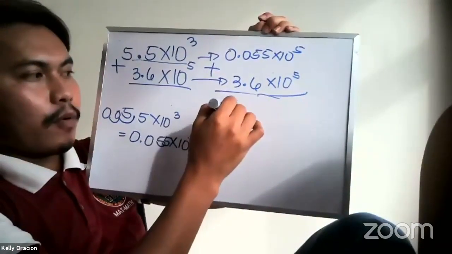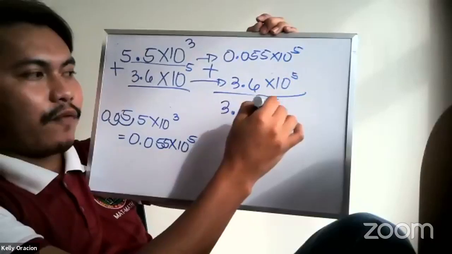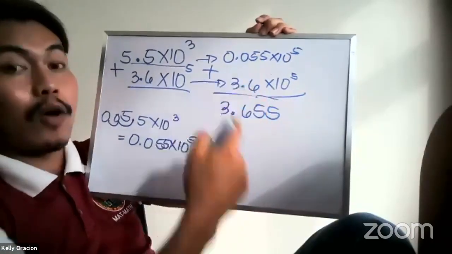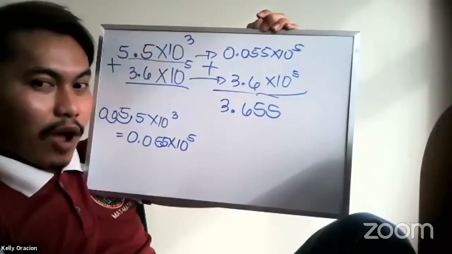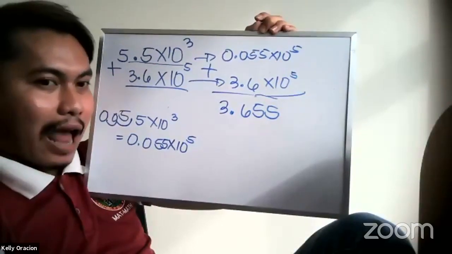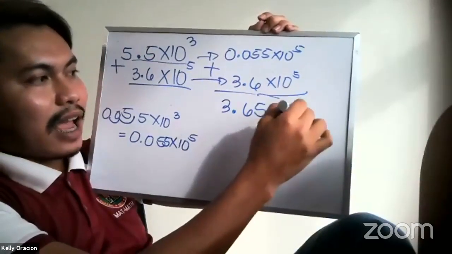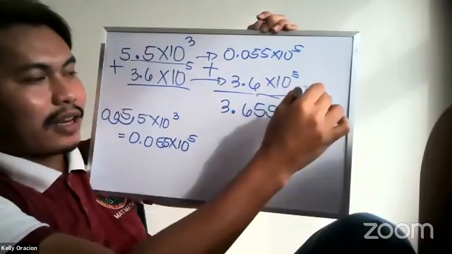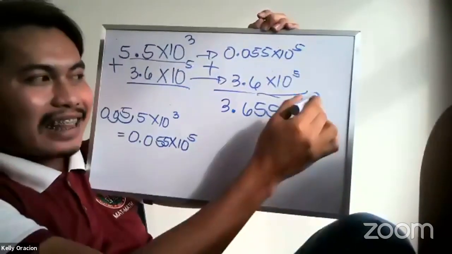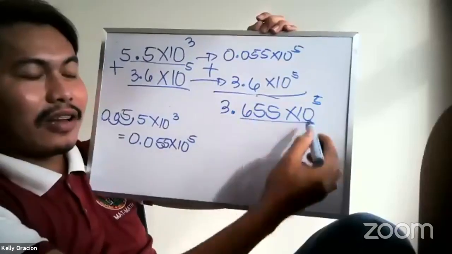It's 3.655. Tarong og-add ha. Baka di kayo marunong mag-add. It's 3.655 times 10, copy the exponent, raised to 5. Yan. And that is the answer. Ito na yung sagot. Okay?